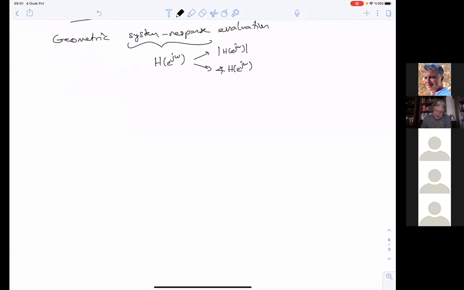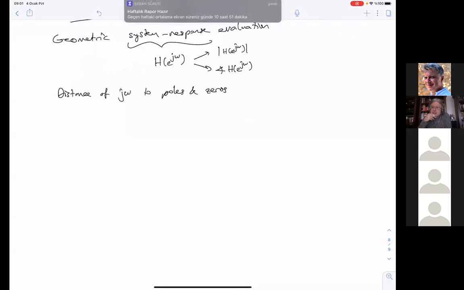Let's do it over an example. Actually, it's the same here. We will look at the distance of j omega to poles and zeros. But the distance to the j omega is not now the j omega axis anymore.